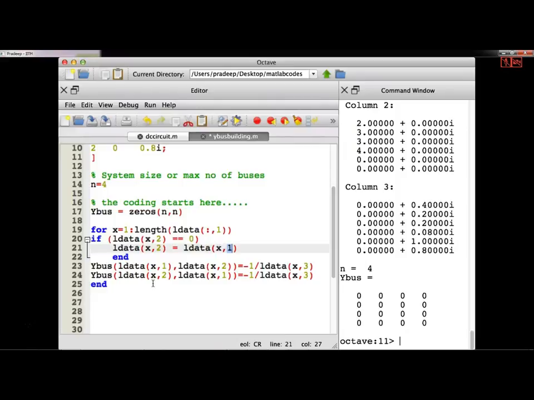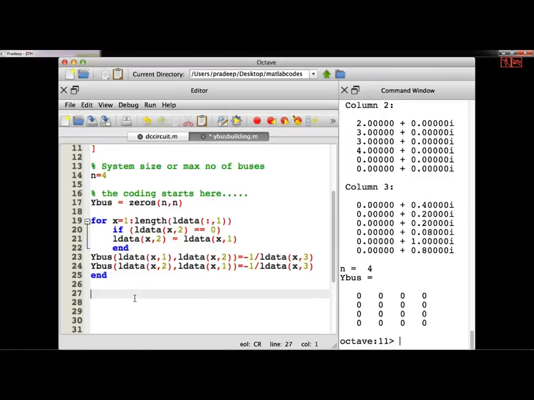So effectively it will set y11, y1 like that. So this is the if condition. So that's all. So if I run this code, all the off diagonal elements of the y bus will be formed. So let me just run this code now.